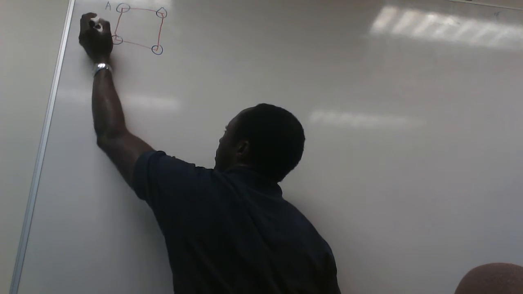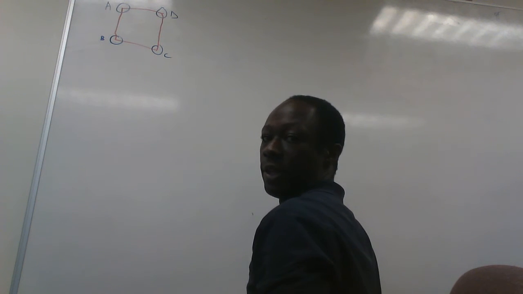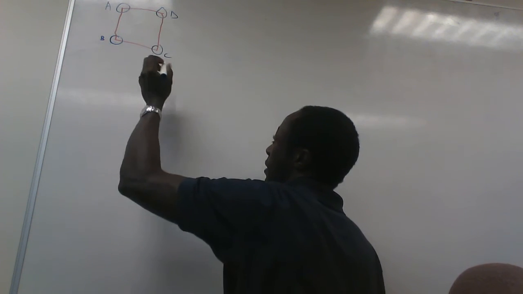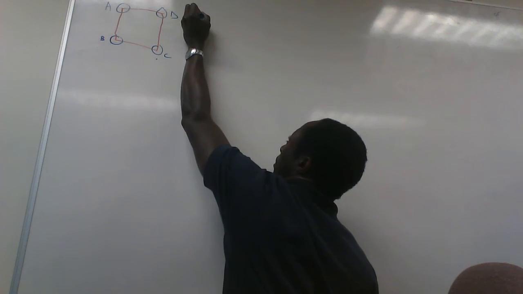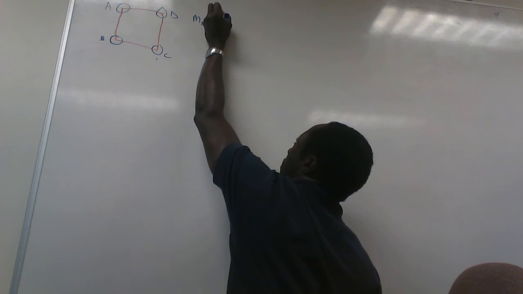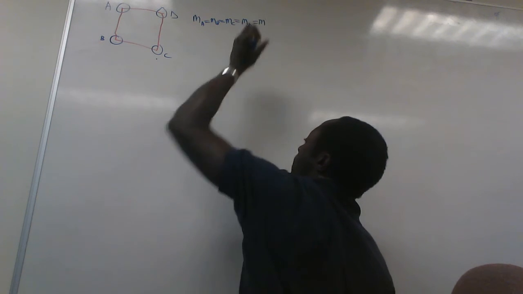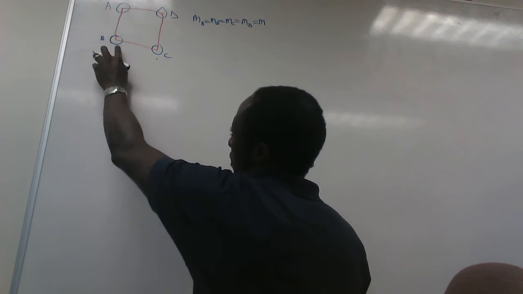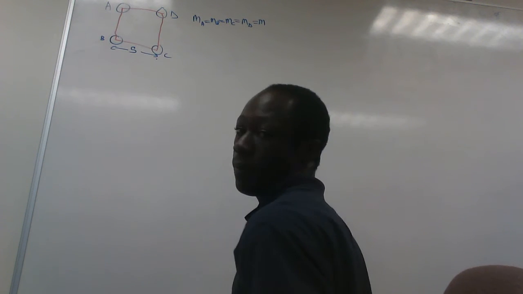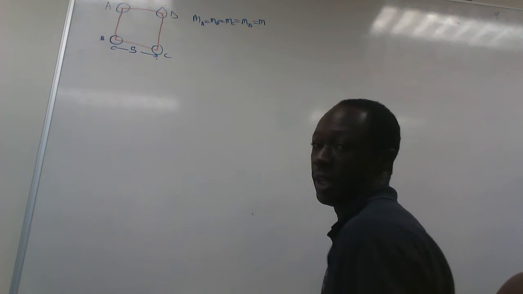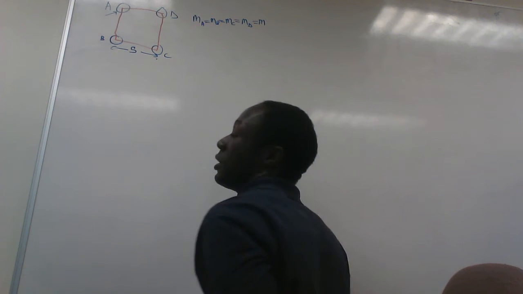We can label them A, B, C, and D. And we're told in this problem that all these spheres have the same mass, so MA is equal to MB is equal to MC is equal to MD is equal to M. And the sides of the square, let's say, have a distance S. In this problem, we'd like to find the effective force acting on sphere A.